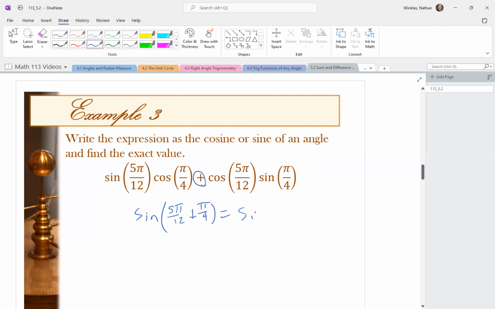This is going to give us sine of 8 pi over 12, which is the same as sine of 2 pi over 3 by reducing the fraction. So for 2 pi over 3, the sine is square root of 3 over 2.